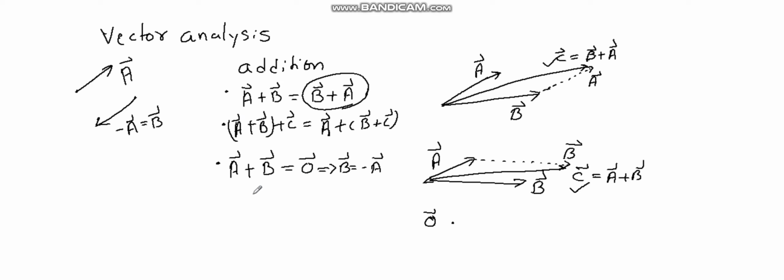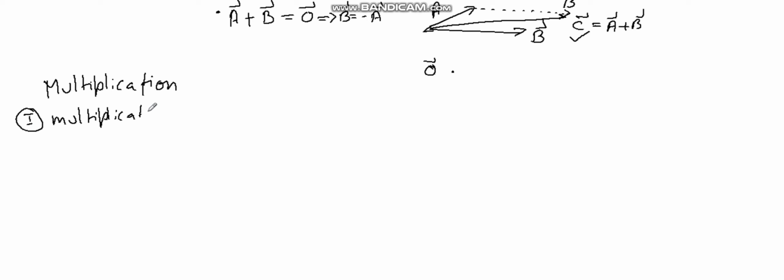Now let's come to the multiplication of the vector. The first is the multiplication by a scalar. So let's say we have a vector A, and we multiply it with a small a, which is a scalar.